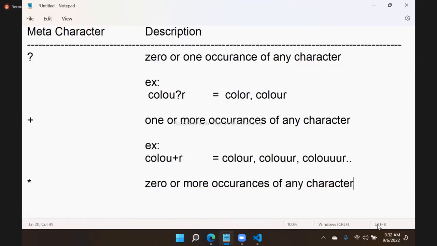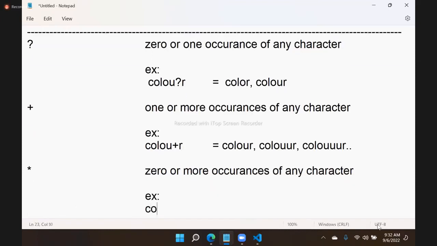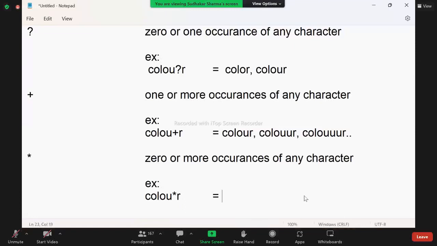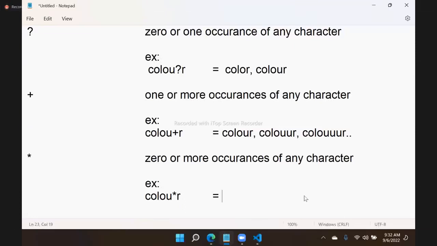Suppose I am writing here COLOU asterisk R. This indicates U can be 0 times. 0 times means it is allowed to define COLOR, COLOUR, COLOUR like this. It will allow.